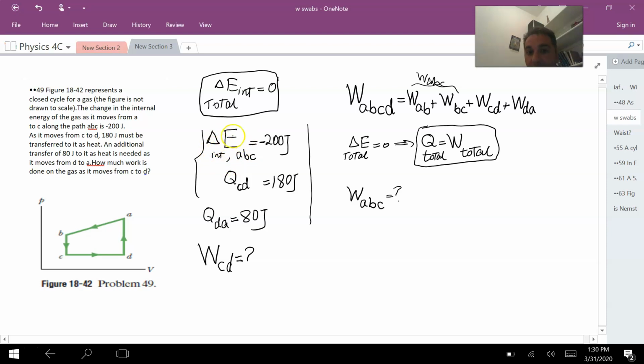We do have energy of the system. So in the path of CD, we do have it actually. For ABC, we do have delta E in path of ABC. We have Q for DA, CD, yes.